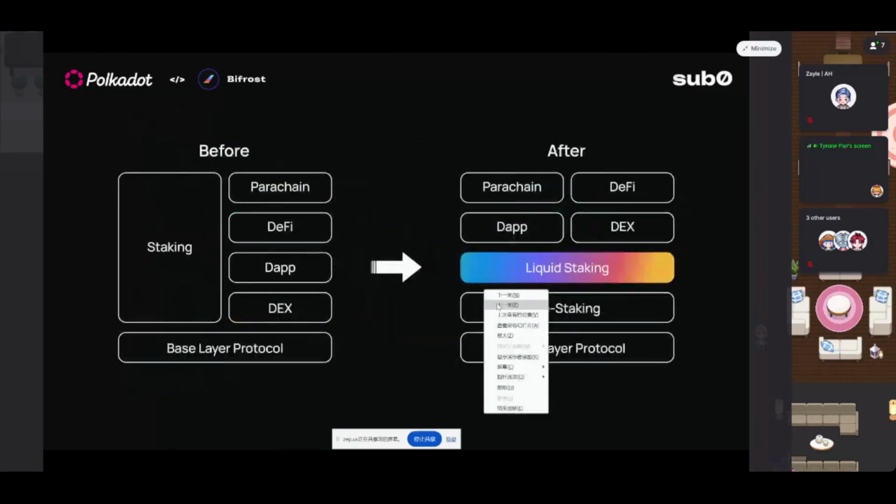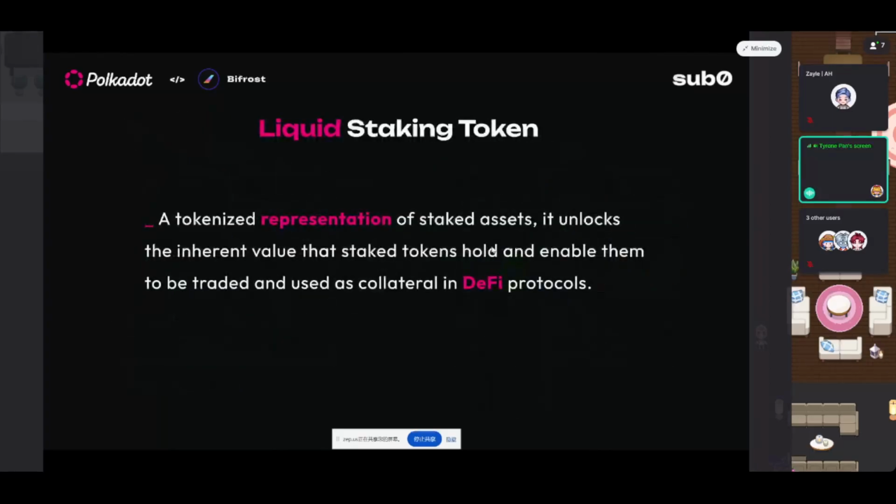So let's start with the liquid staking token. What is that? It is a representation token of staked assets. If you noticed the Shapella upgrade on Ethereum last year, you might have found that the DeFi TVL of liquid staking dramatically increased and ran over things like loans and DEX TVL, which was noticed by the whole ecosystem last year.